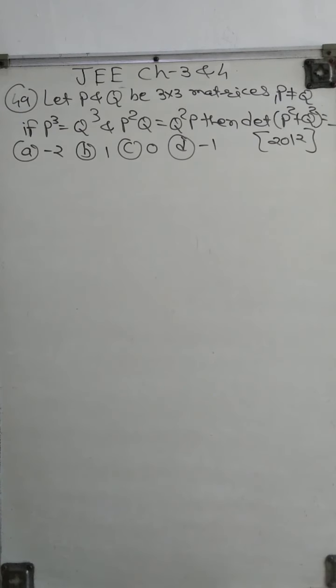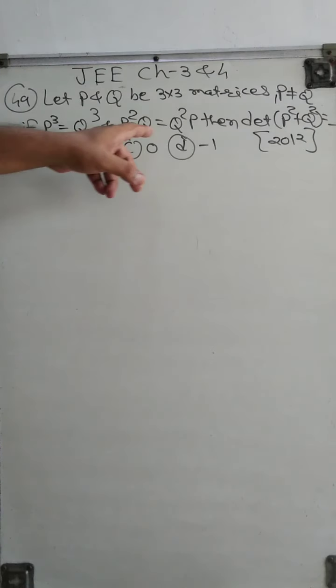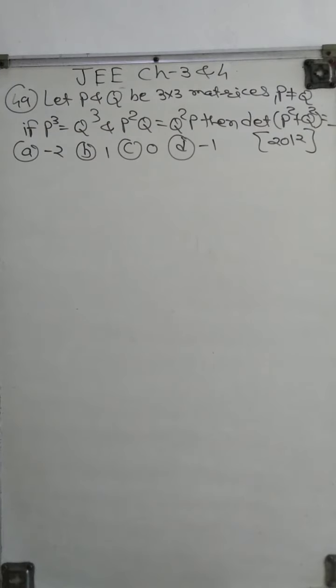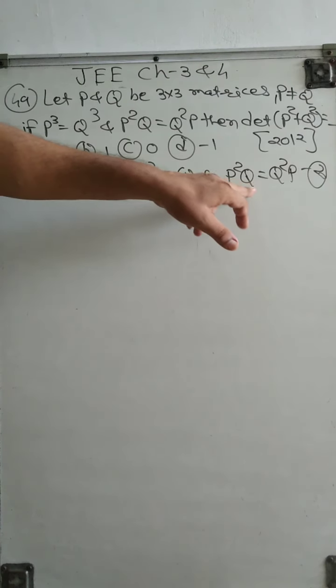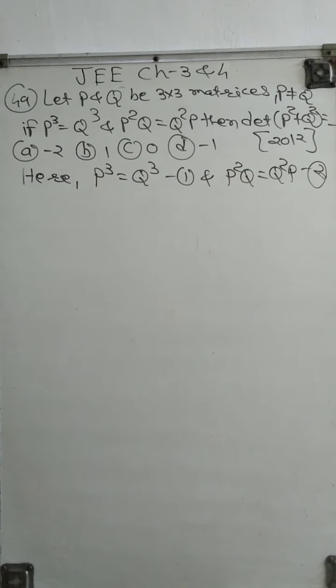Let P and Q be 3 by 3 matrices and P is not equal to Q is given. If P cube is equal to Q cube and P square Q is equal to Q square P, then determinant of P square plus Q square is equal to dash. So here the first result is P cube is equal to Q cube and P square Q equal to Q square P is the second result.